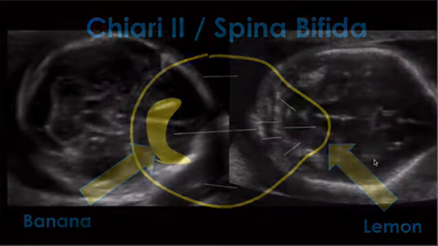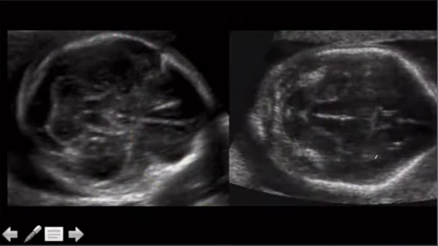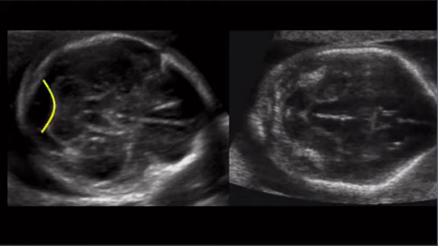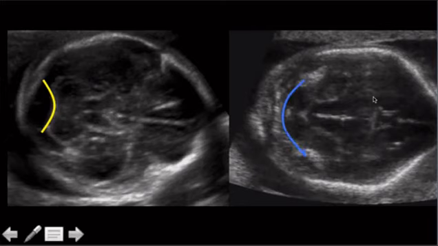So we've got two transcerebellar axial cuts here, seeing the cerebellum, and this is the normal contour of the cerebellum, right? Dumbbell with the vermis in the middle, so it's got that kind of curve like that. Now I want you to contrast that with this one over here, where the shape is the opposite, like that.